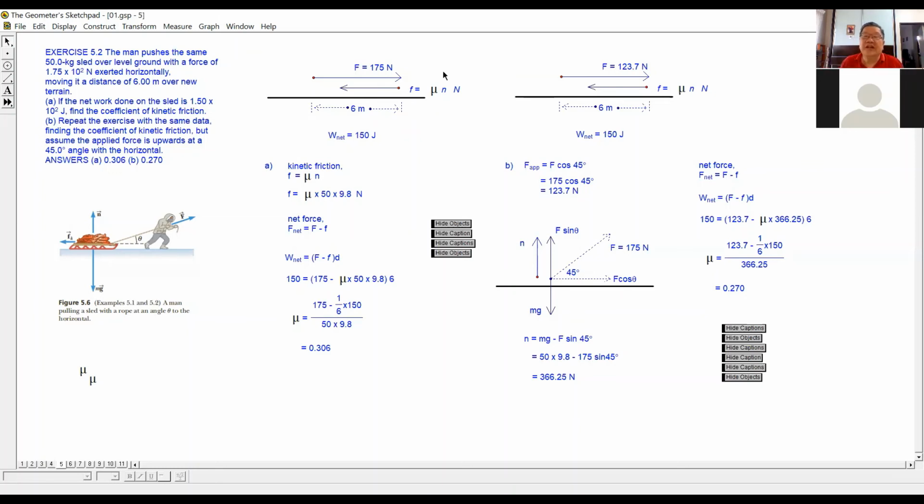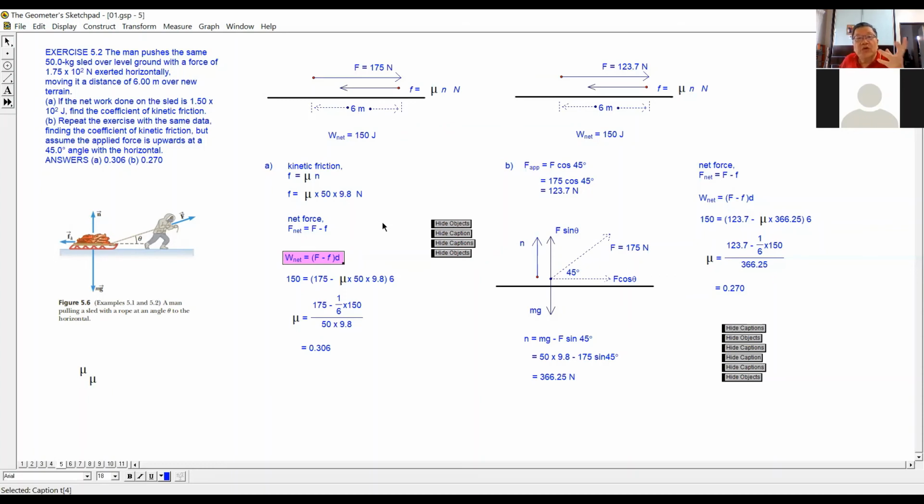So there is a difference in force, and this is the net force. This net force will produce what we call the net work done. Where does this net work done go to?